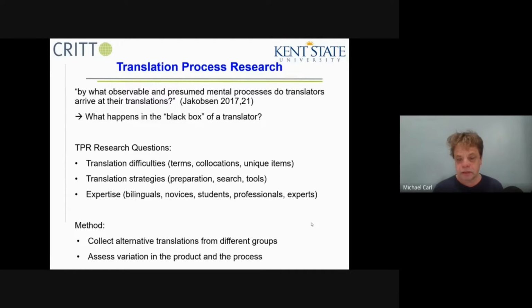And then we can see whether the variation is different for the novice translators or experienced translators, whether they are different for specific types of texts and so on. But I will go into detail explaining all this into more detail and how these ideas have been developed over the years.